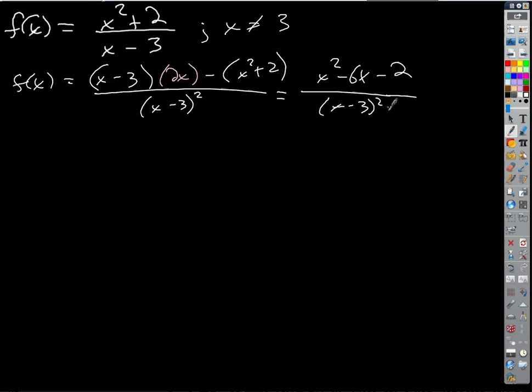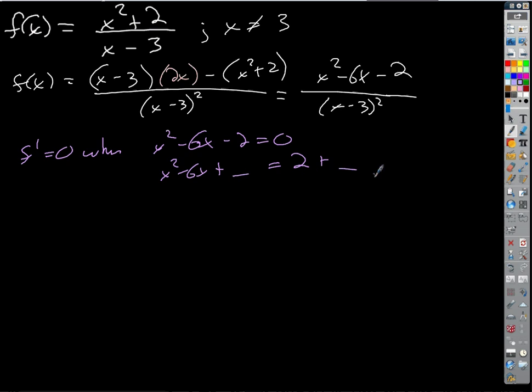Of course, this is kind of inconvenient, but at least we can do the quadratic formula on this one. If we find the zeros, f prime equals 0 when x squared minus 6x minus 2 equals 0. Let's just complete the square. That's easier, right? If we add the 2 to this side, what do I have to add to both sides to complete the square?